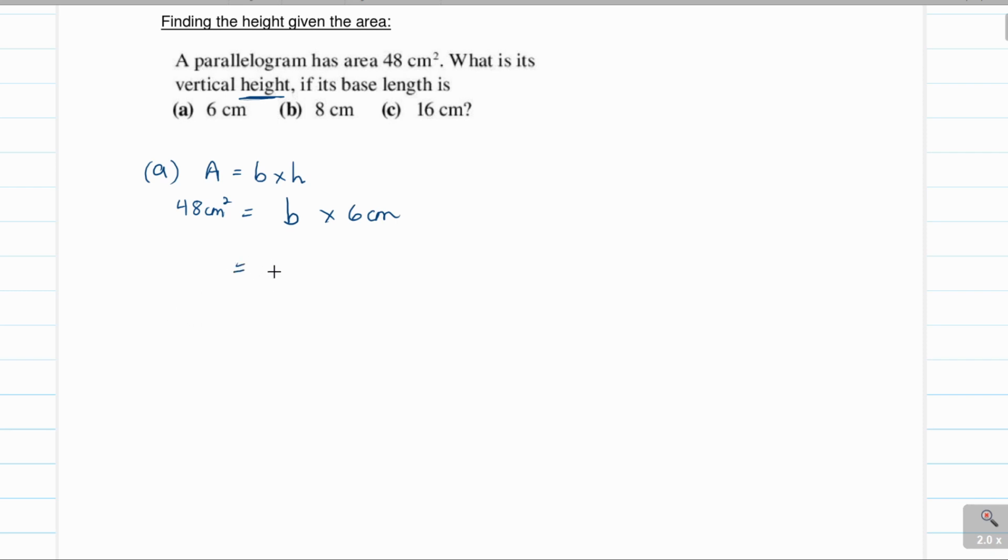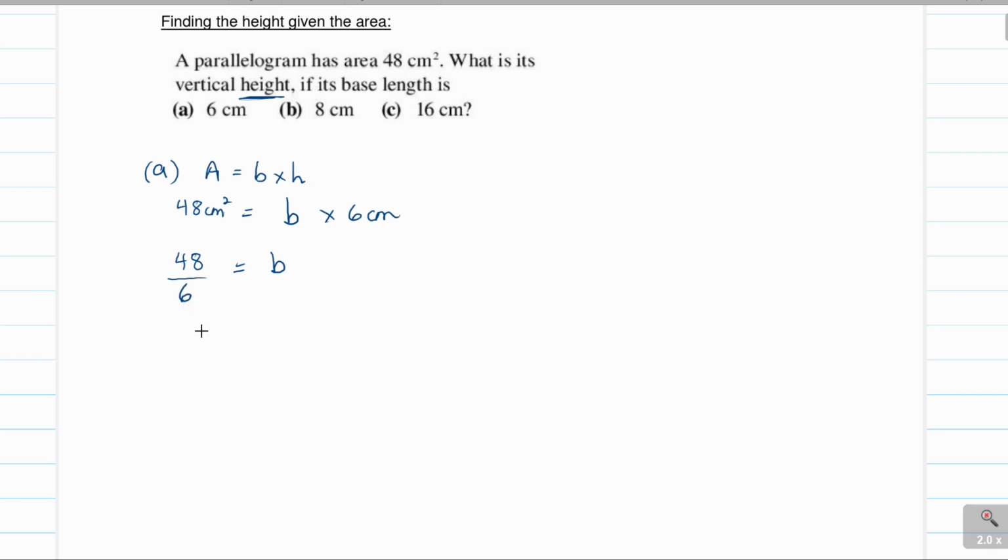Now for the other questions, when we wanted to find the unknown, we carried all that we know to the other side of the equal sign. So my base here is being multiplied by 6. So if I take this 6 to the other side of the equal sign, it's going to do the opposite. It's not going to multiply, it's going to divide.